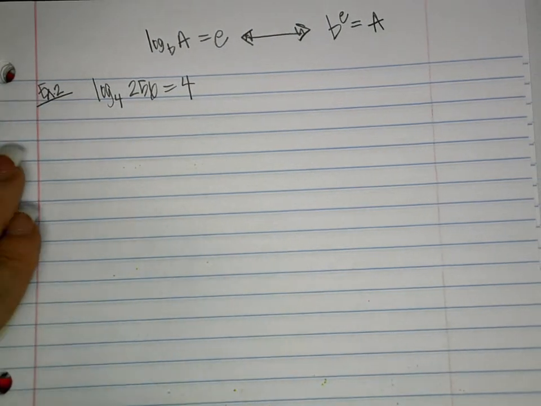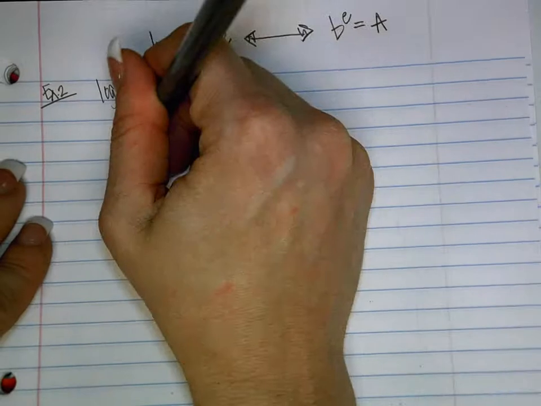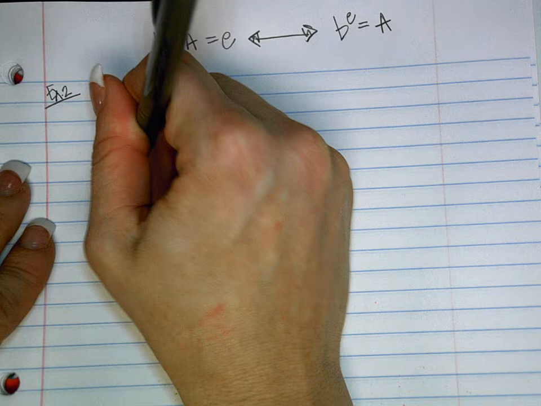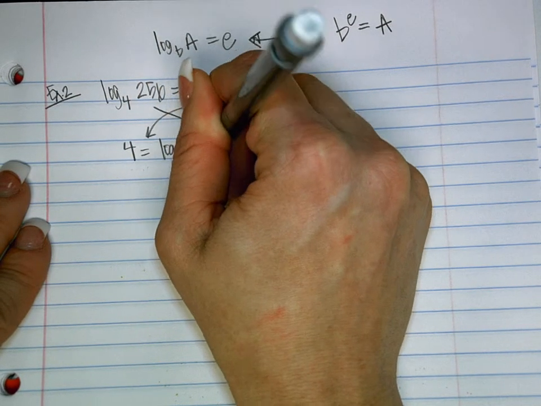The first thing you want to do, and you're not always going to have to do this, but when we're first writing these, I want you to start flipping them. I want the log part on the right side of the equation. So 4 equals log base 4 of 256.